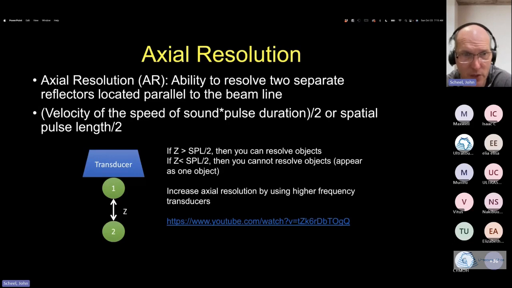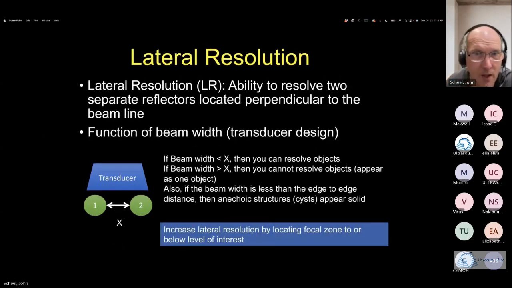So if the transducer is placed on the skin and you have mass 1 and mass 2, your ability to resolve both those masses as 2 separate masses is related to the velocity or speed of sound and the pulse duration. And you can resolve these 2 by increasing the axial resolution using a higher frequency transducer. So going from 10 to 12 megahertz, for example.